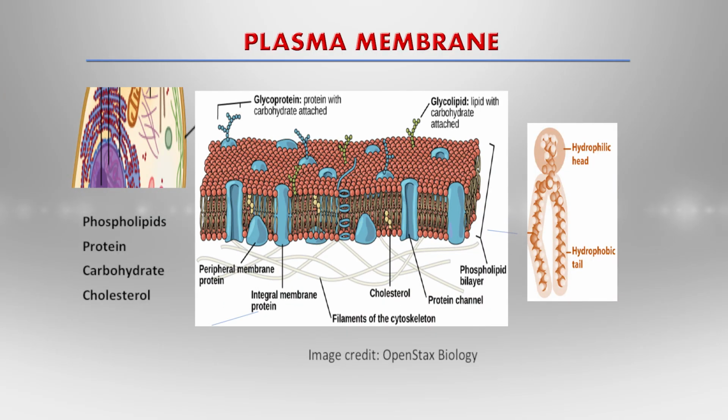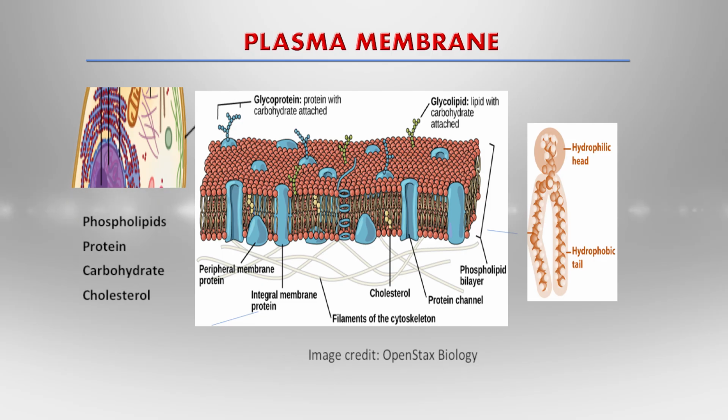Now, you know, the plasma membrane is an outer covering layer. It is the boundary of all living cells. The plasma membrane is a bilayer membrane which consists mostly of lipids and proteins. Lipids are the major composition of the cell membrane, about 70% of the cell membrane composition is lipid, and in addition to lipids there are protein components which are embedded in the bilayer membrane of the plasma membrane.